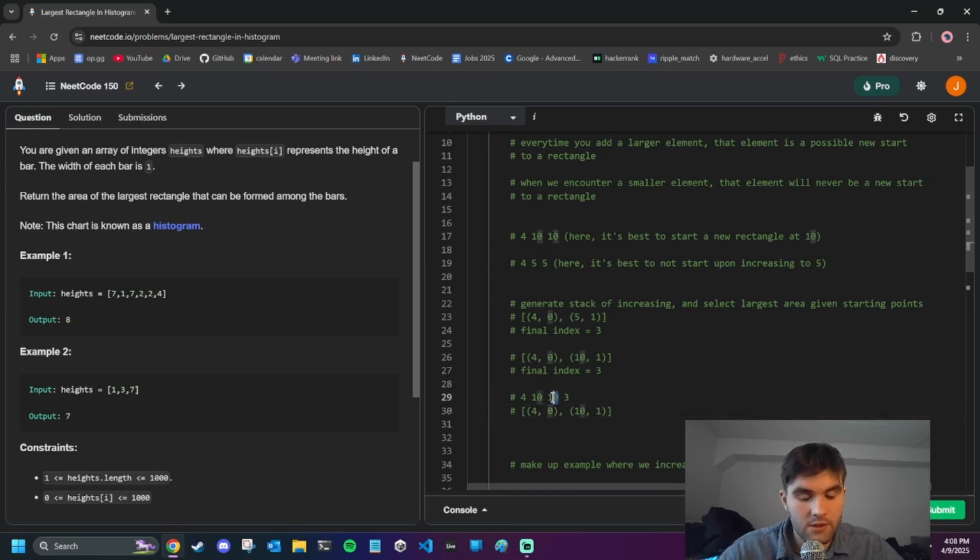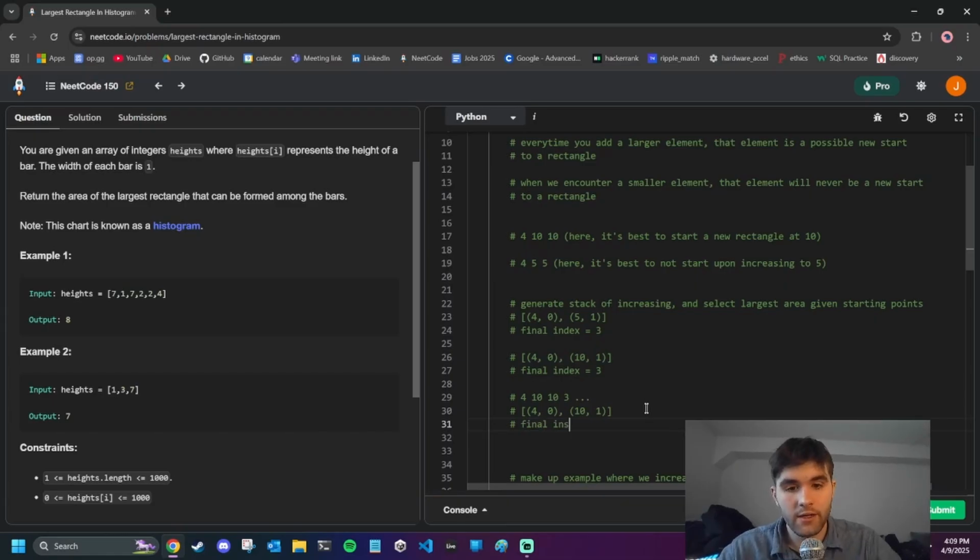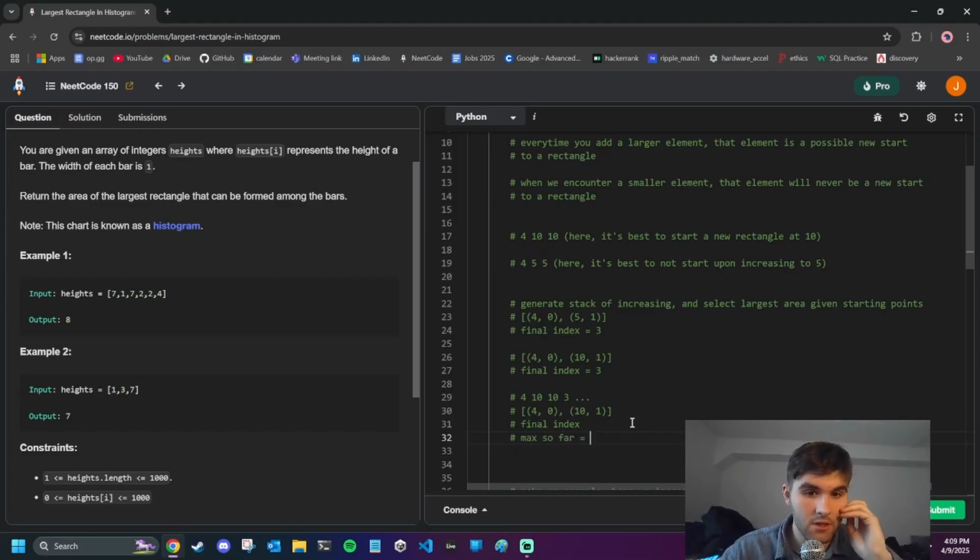So we increase here, and then once we get to a stopping point, so let's just say we had a bunch of random stuff here. Once we get to something that's less than, we should probably calculate this. So the final index in this case is 0, 1, 2, 3. So we would find max so far equals basically 2 times 10, which would be 20.